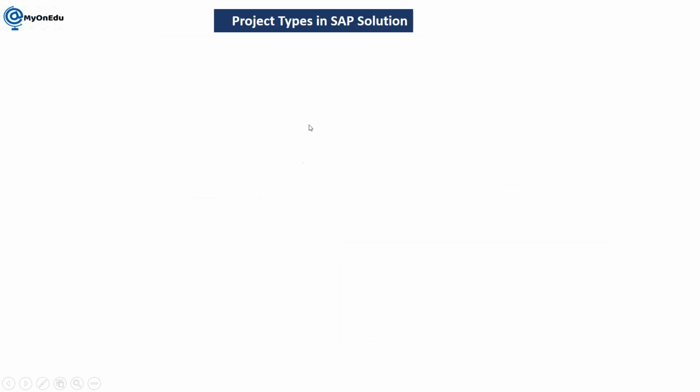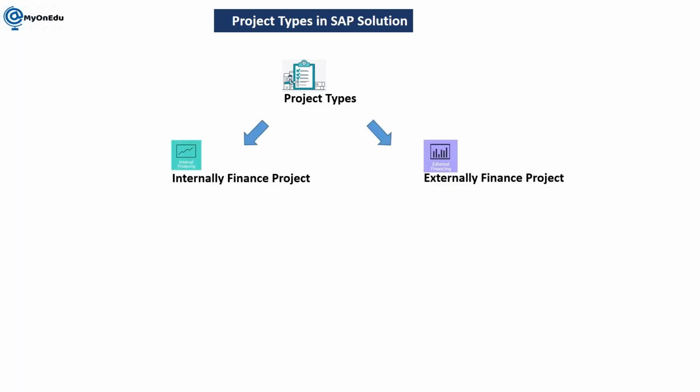Okay, so let us first understand the project types in the SAP solution. It will help you understand how we are going to manage our different projects in the available solution in SAP. Here we have two types of project. First is the internally financed project and other is the externally financed project. An internally financed project has to be financed by the organization.